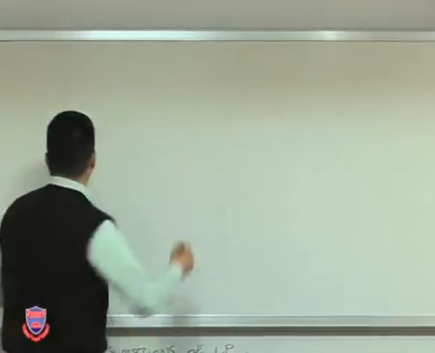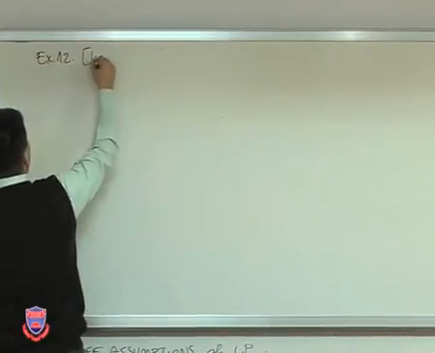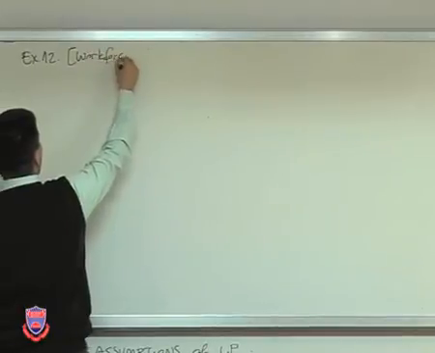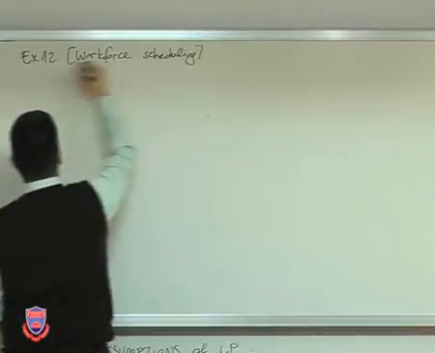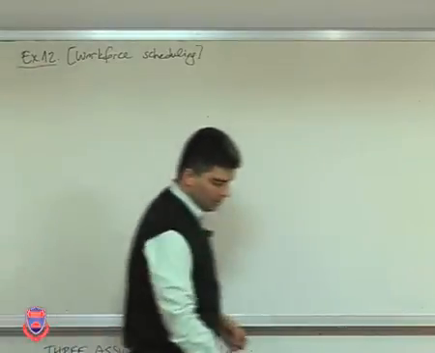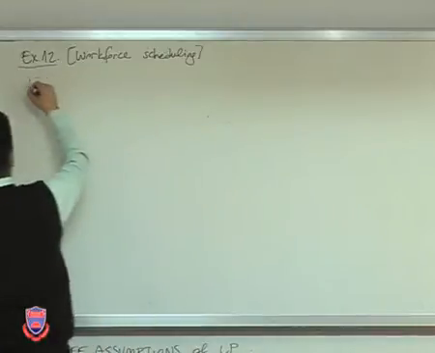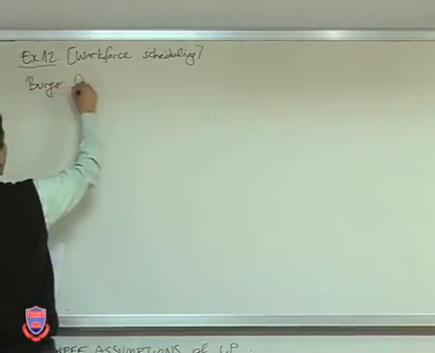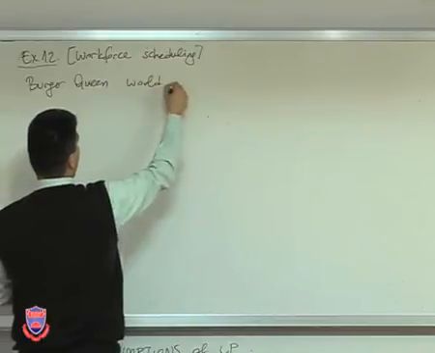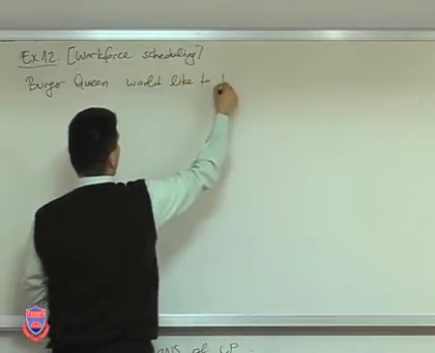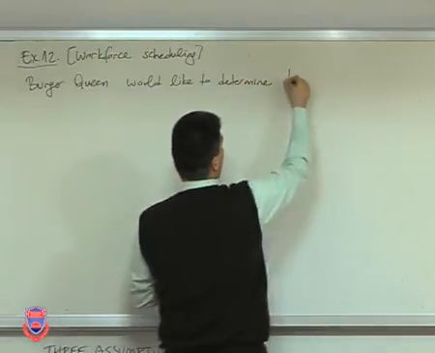All right. So example 12. So this is known as workforce scheduling. And suppose that we have the following problem. So let's say Burger Queen would like to determine the minimum number of kitchen employees.